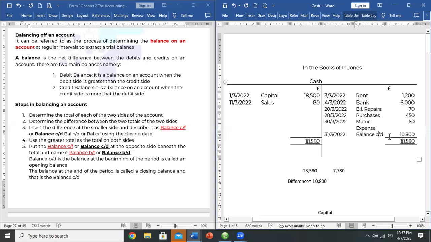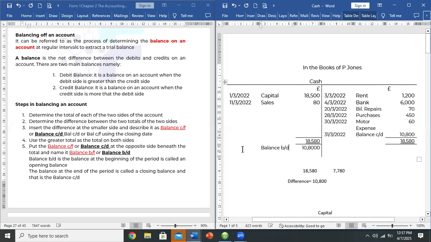So opposite side under this total, and name it balance BF or balance BD, which means balance brought forward or balance brought down. So we'll put this 10,800 here, call it balance BD or BF. And again, I recommend you use the BD because that is more current.